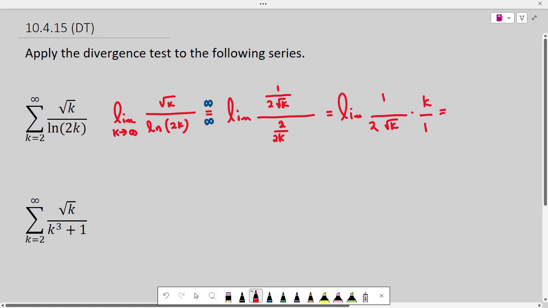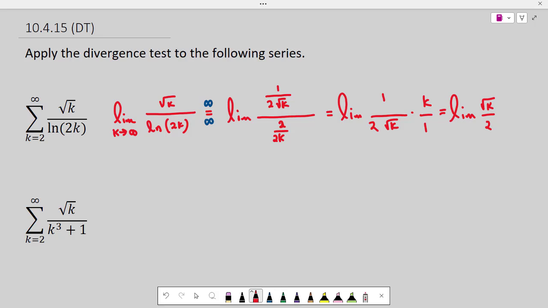k over 2 root k, and now root k goes into k. Right, k is root k times root k. One of the root k's cancel. Or it's k to the 1 divided by k to the half. It's k to the 1 minus 1/2. So you could use laws of exponents. You can use several different things.